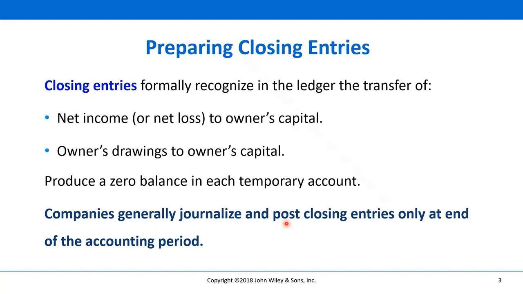What do you mean by post? That means these closing entries, as with every journal, have to be posted in the appropriate ledger account, so that the ledger account balance of these temporary accounts will get to 0. So this is the summary of what we have learned till now, the basics.